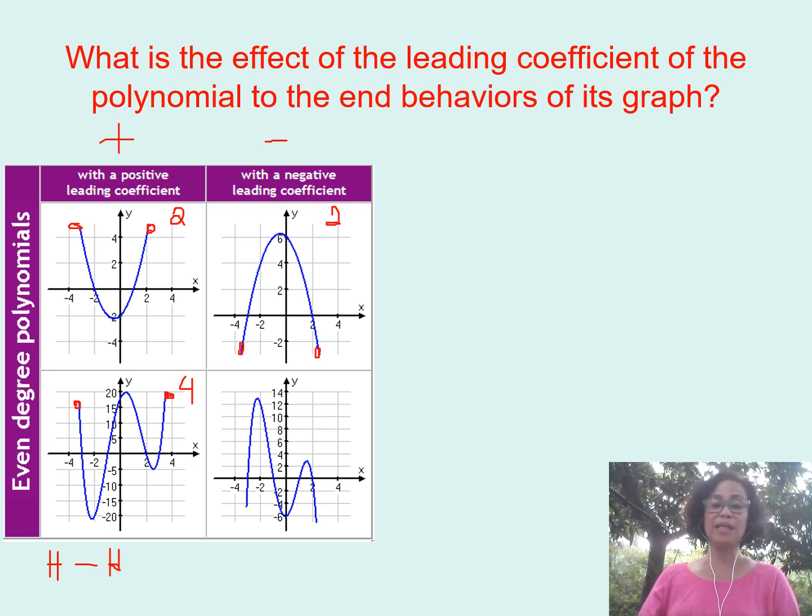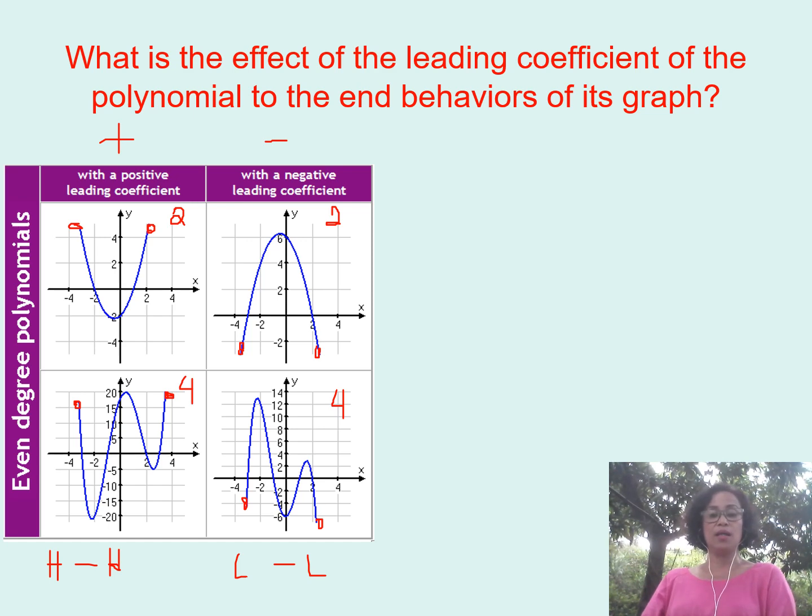So the end behaviors are actually low and ends also with a low. Now, the next example below is a fourth degree with a negative leading coefficient. It started with a low and ended with a low also.